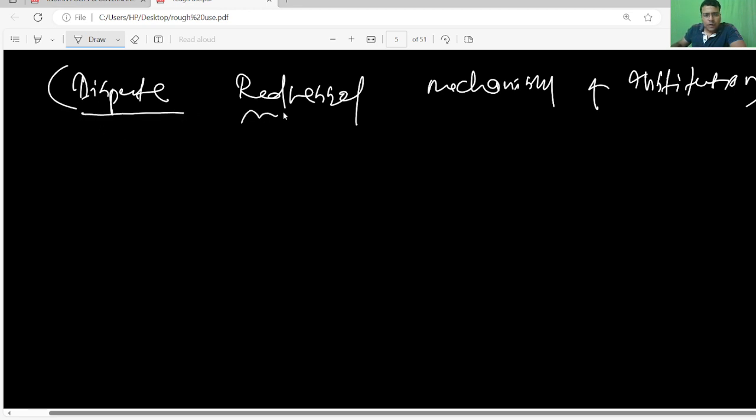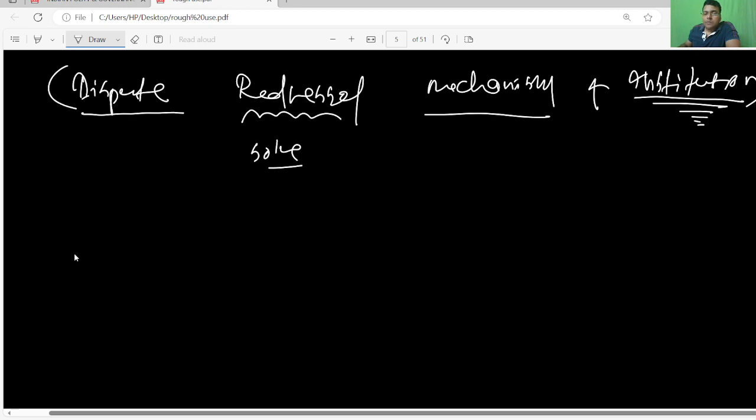Dispute we can call conflict between two people, or conflict between two groups, conflict between two parties, conflict between state and citizen, anyone. That is a dispute. If there is a conflict, we can say yes, there is a dispute. And the dispute should be redressed or solved.